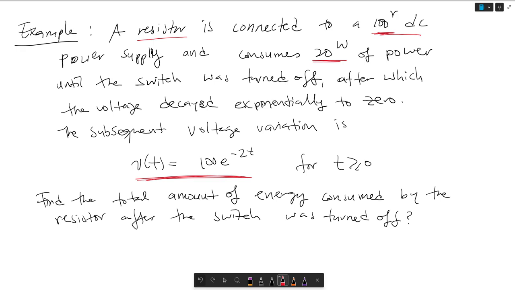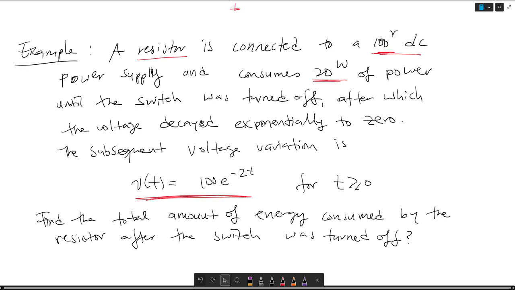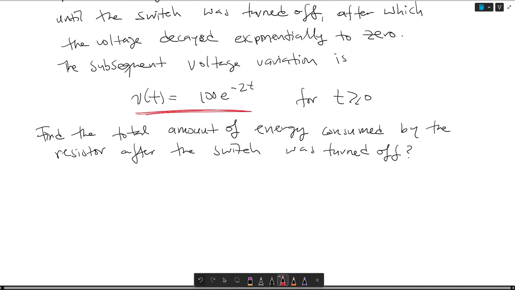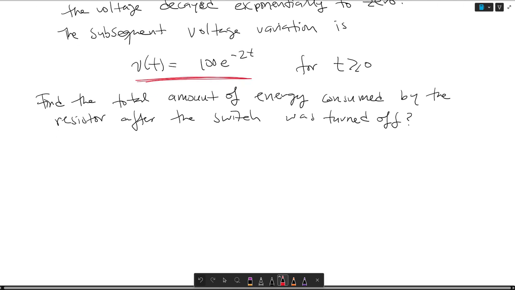The thing that I like about this problem is it uses all the things we've learned so far, for example power, voltage, and resistor. So it's a really good problem to solve.